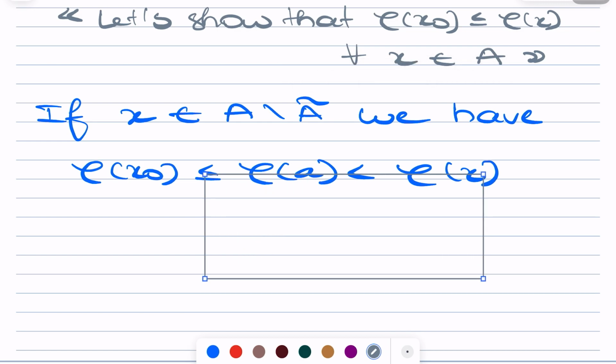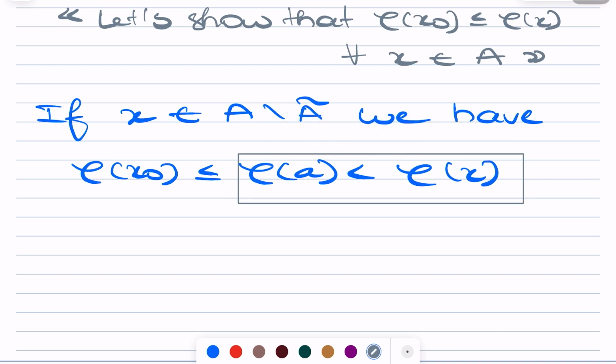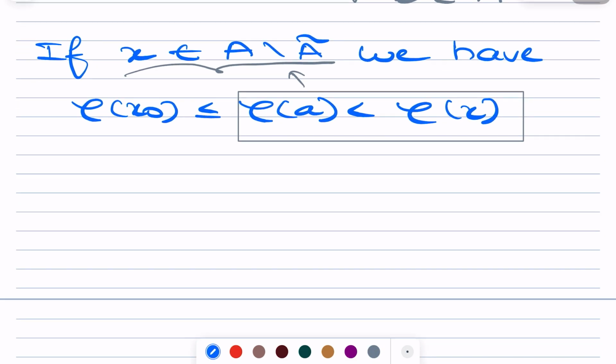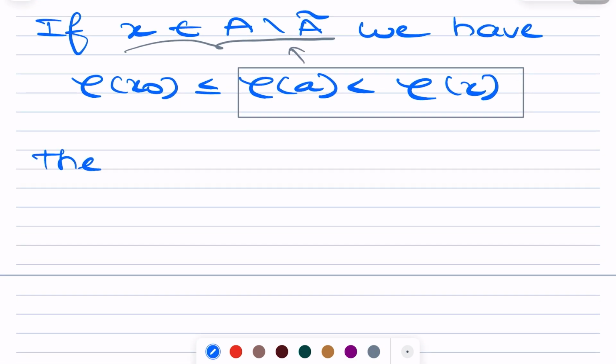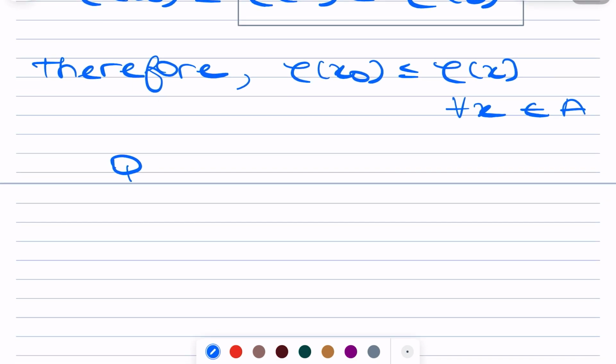This is just a consequence of x being outside A tilde. So therefore, phi of x0 is less or equal than phi of x for every x in A. With this we conclude the proof.